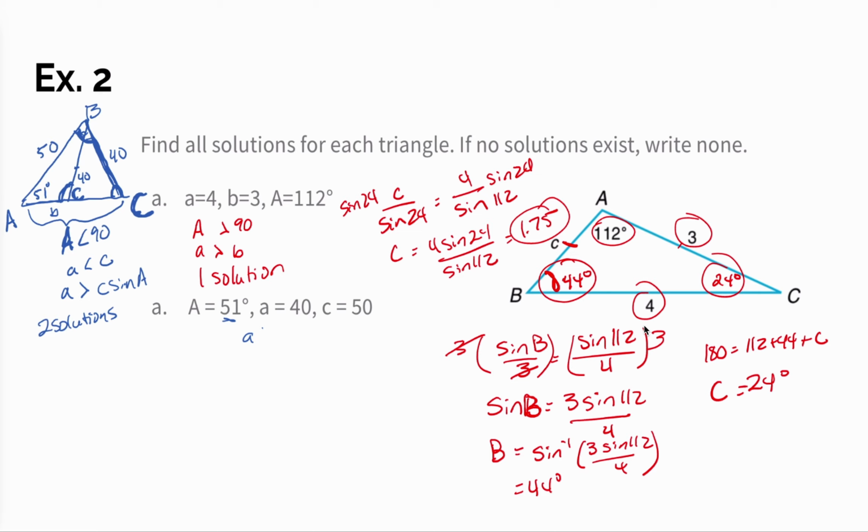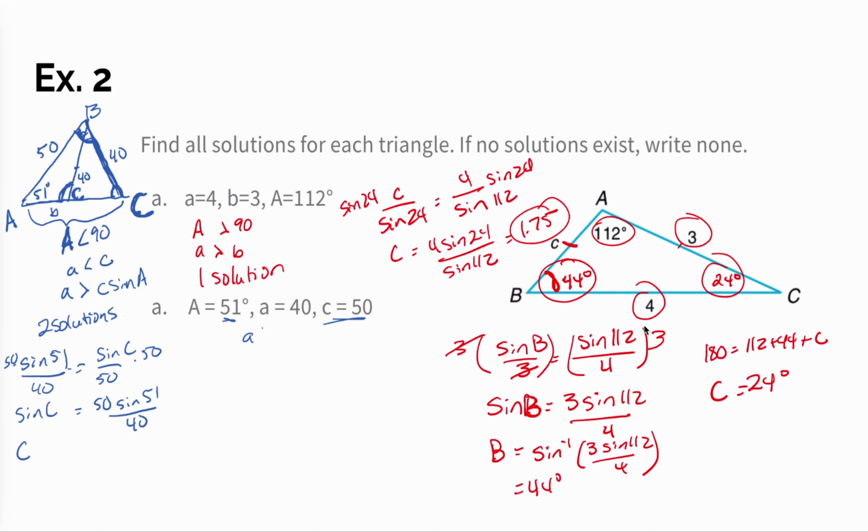So, start with what we know, right? Use the law of sines to find angle C. So, sine 51 over 40 equals sine C over 50. We're going to multiply both sides by 50. So we get sine C equals 50 sine 51 over 40.